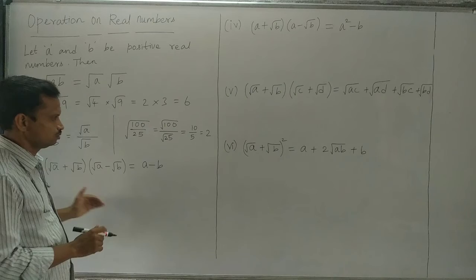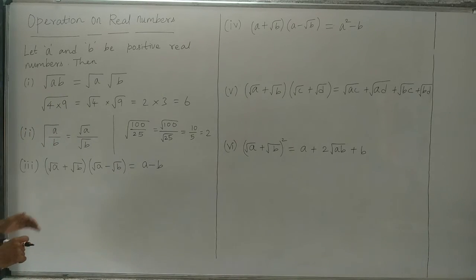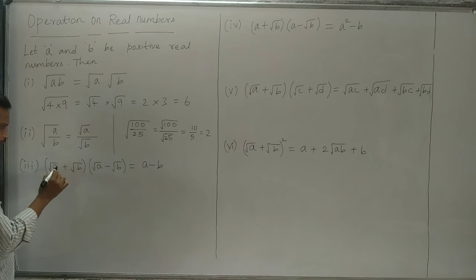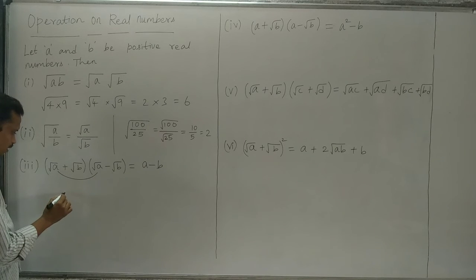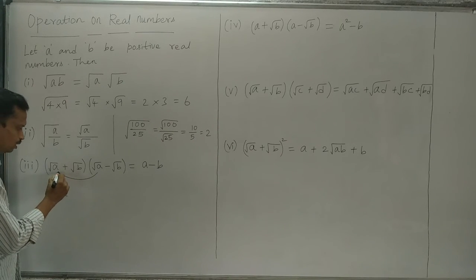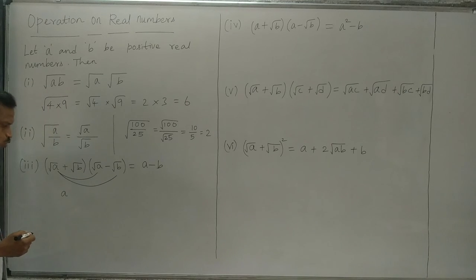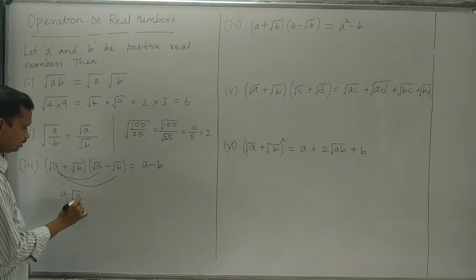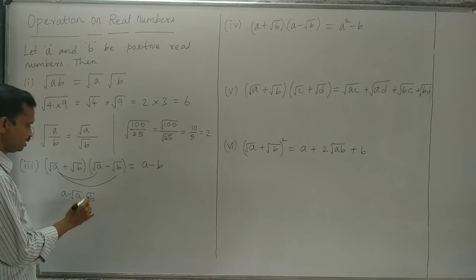There are 4 more formulas. Here we can see how we are getting the right hand side from the left hand side. Okay, so you multiply these two. So root a into root a, what you get? A only. Root a into root a, and then root a into minus root b, you get minus root a into root b.